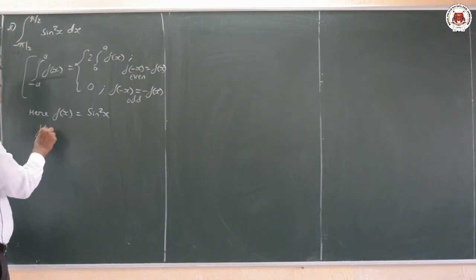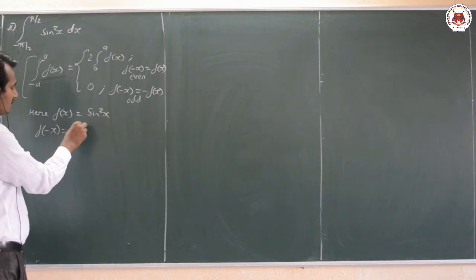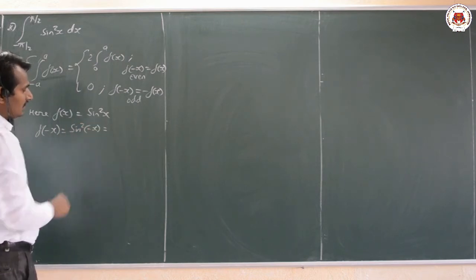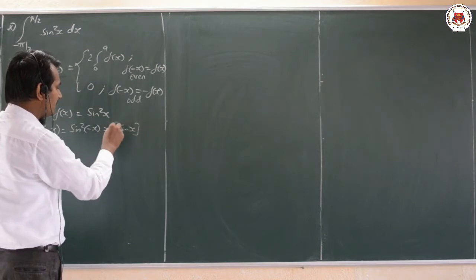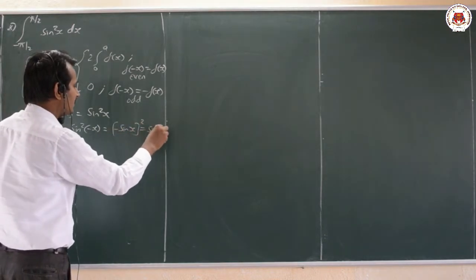So f of minus x equals sin square of minus x. The value of sin of minus theta is minus sin theta, so it is minus sin x whole square, which is nothing but sin square x.